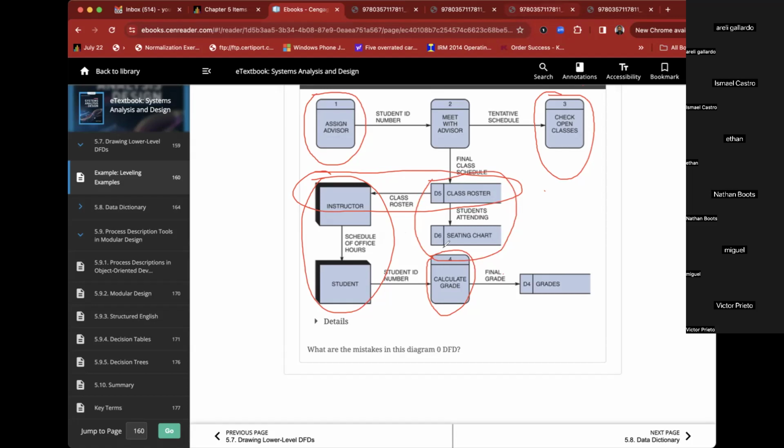They just get information stored and nothing happens with that information. So grades and seating chart, both of these are acting like a black hole, meaning information is coming in, but it's not going anywhere. Yeah, so these are the 7 problems.